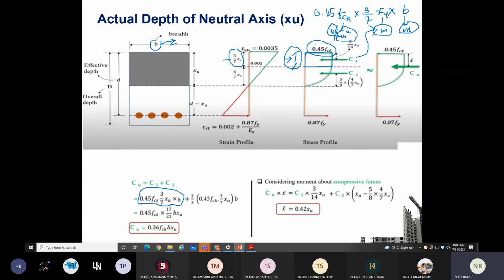So this way you can find the compressive force C1. Is it clear?